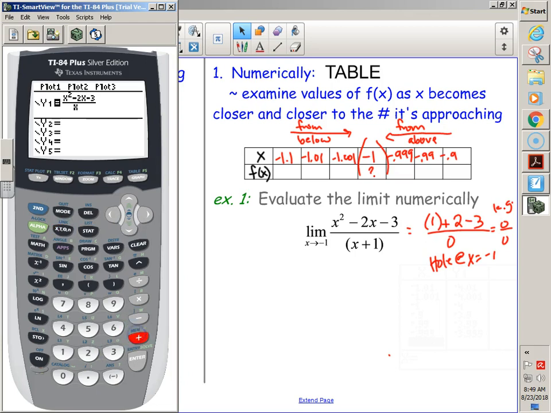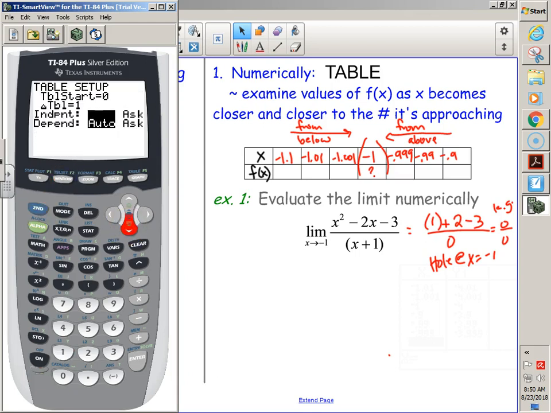And then, what do we do in order to let our table go by differing steps? Go straight to automatically generate? No. We need to go to second window, good, and make it not automatically go by ones, but ask.